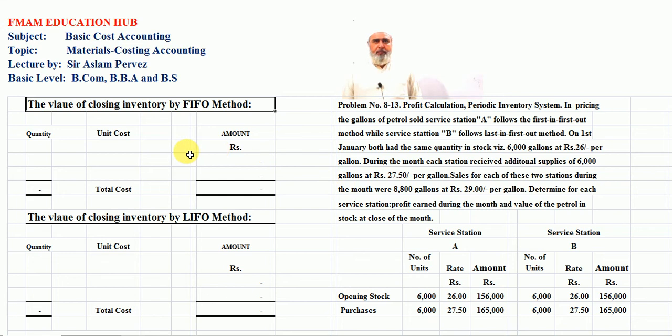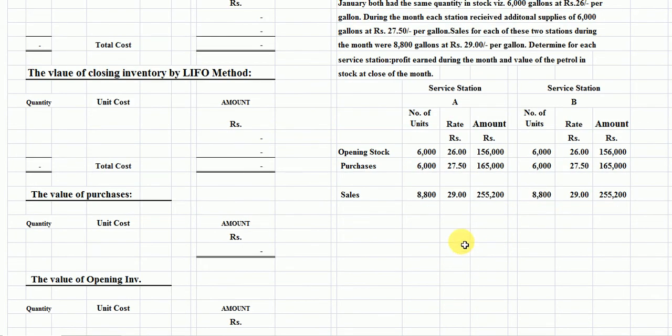For this purpose, we have to use the FIFO method in service station A to find out the closing inventory cost here. Students, you are looking here. 6,000 is opening stock in gallons, and 6,000 is purchase stock in gallons. 8,800 gallons have been sold.